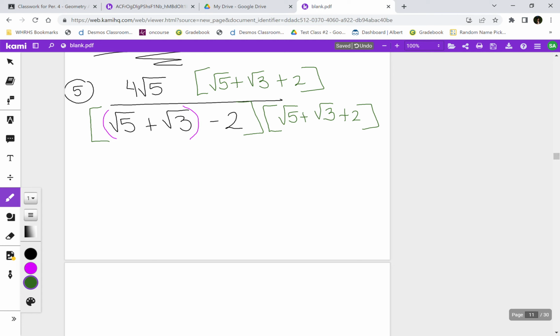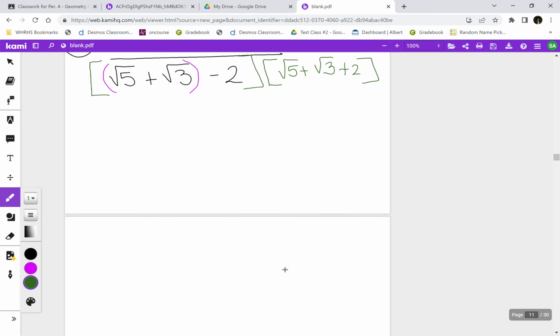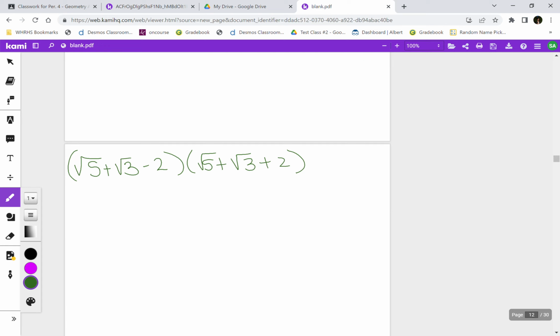This is not a squared minus b squared, right? We can't do that because technically it is a trinomial times another trinomial. We have to just triple distribute this out. So I'm going to take, on the side of my paper, root 5 plus root 3 minus 2 times root 5 plus root 3 plus 2. And I'm triple distributing this out.